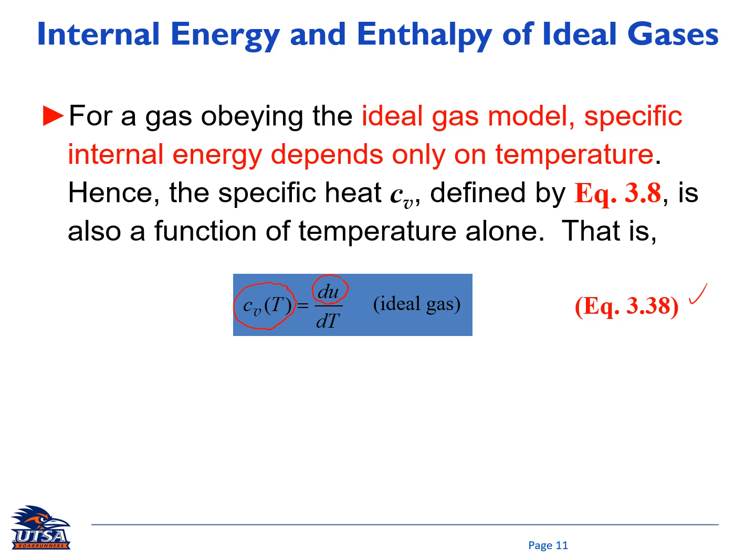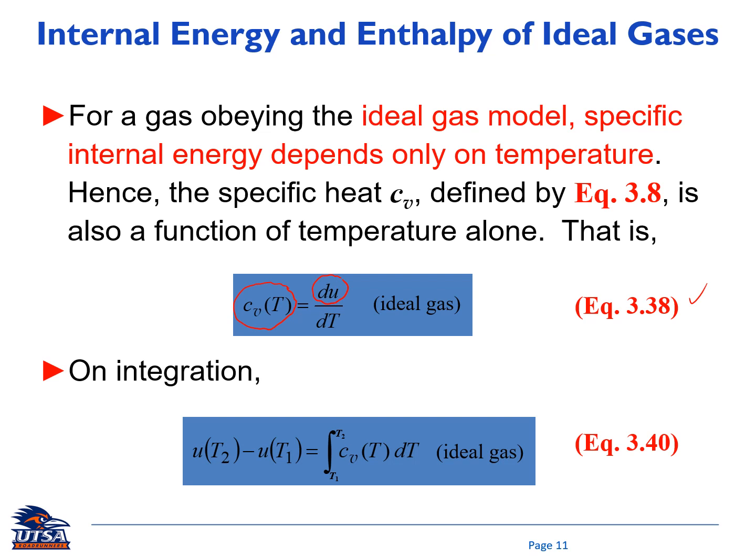If we modify this equation 3.38 and integrate du, because from equation 3.38 I have du equal to Cv dT, then I will get equation 3.40. So u at temperature 2 minus u at temperature 1 equals the integral from T1 to T2 of Cv dT. Once again, this is for ideal gas.